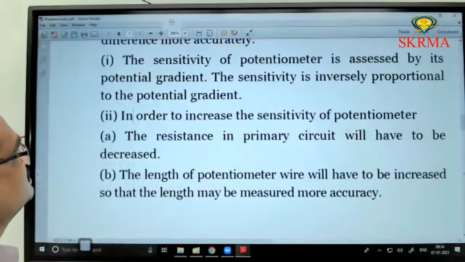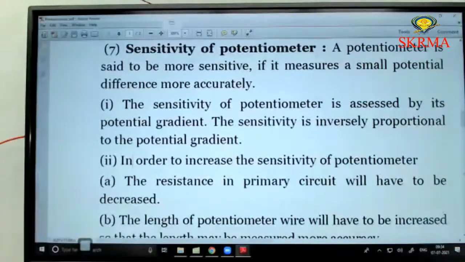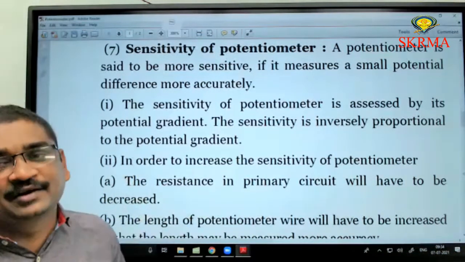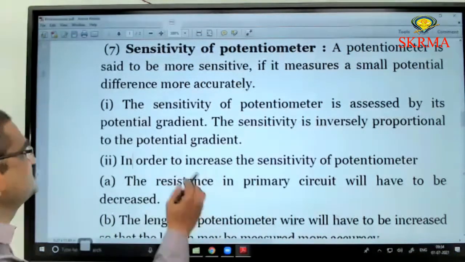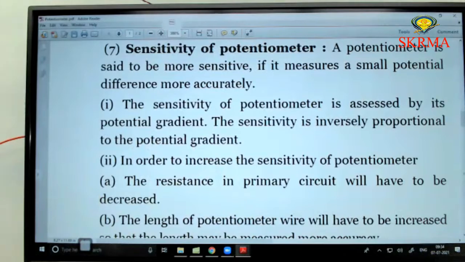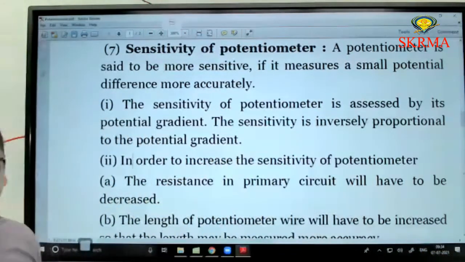Now, sensitivity of the potentiometer depends on the following. First one, potential gradient. These points are also important for theoretical questions. Sensitivity depends on potential gradient. How does it depend?